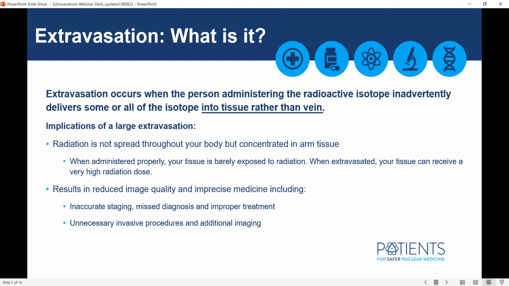So nobody at your institution will know when a large extravasation occurs, yet they're basing their decisions on some of these inaccurate images. An inaccurate image can lead to misdiagnosis. It can lead to incorrect staging of disease and the wrong treatment plan. So let's take a look at an extravasated image versus a non-extravasated image.